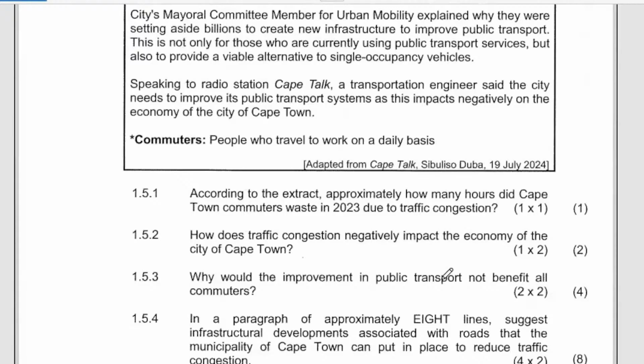Traffic congestion will cause increased fuel costs. That is going to negatively impact on the economy. People are now paying more for fuel because of traffic congestion. Then it can also cause reduced productivity.